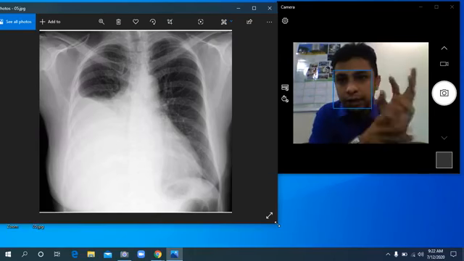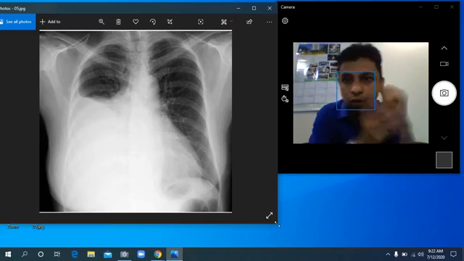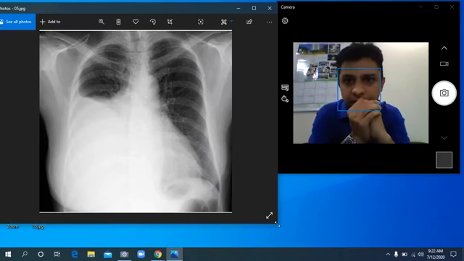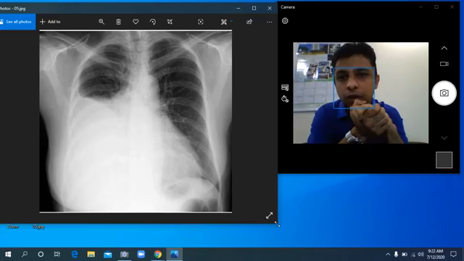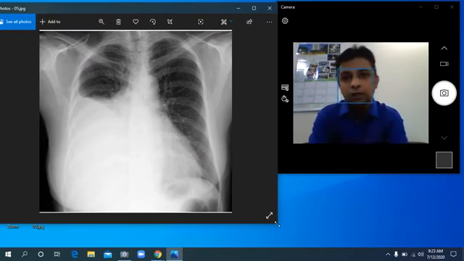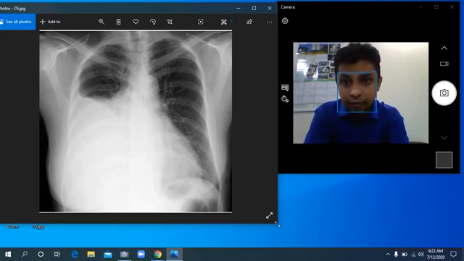And there is obliteration of the cardiophrenic and costophrenic angle. The position of the trachea is slightly shifted to the right, and the position of the heart is in normal position, and the bony thorax appears normal. So the diagnosis will be right-sided pleural effusion.